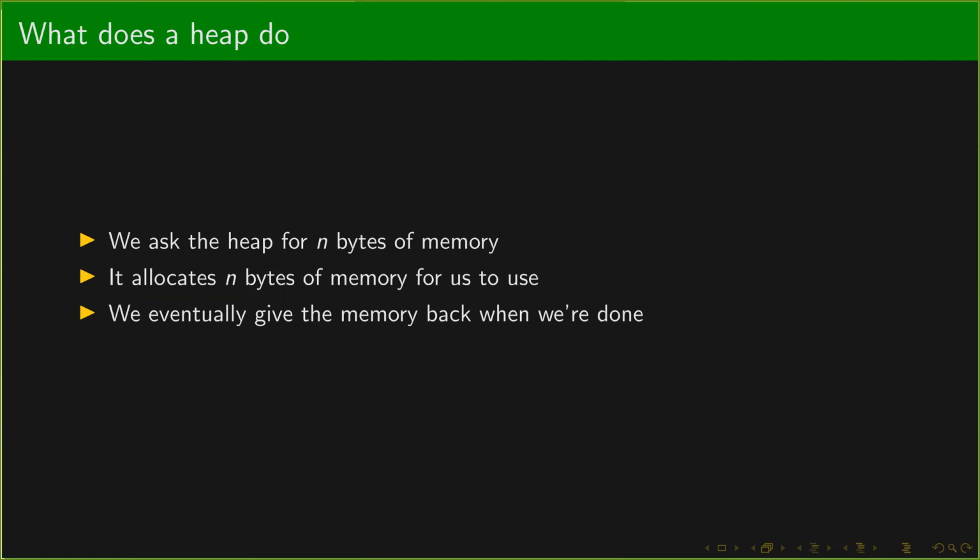Then we can use that however we want. And when we're finally done with that memory, we just give it back. So that's essentially the API that we want. And the question is, how do we implement this? And it turns out to be harder than you may expect.